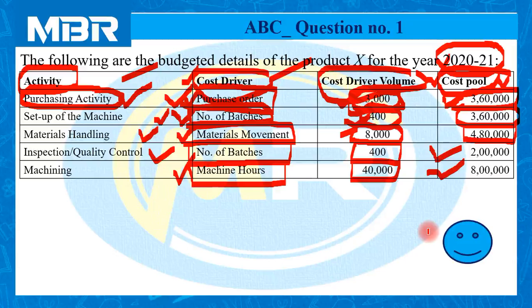Here, all related activities are classified into five major activities. First, purchasing. Second, setup. Third, materials handling. Fourth, inspection. And fifth and last, machining. This is the base information of the question given to us.